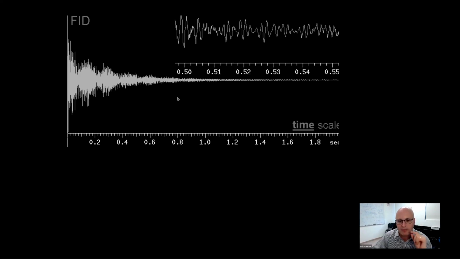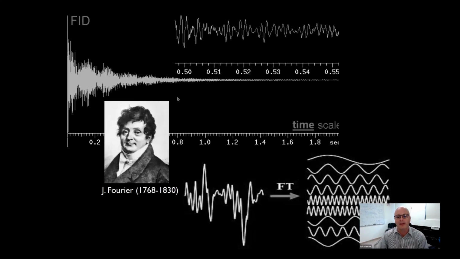But we have a fantastic tool that was developed a very long time ago by Joseph Fourier. This is the Fourier transform. And the Fourier transform says that we can take any signal that happens over time and decompose it into very simple periodic signals that, when added all up, will result in the original signal.